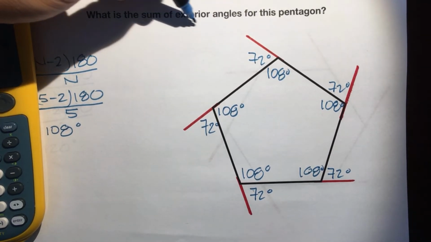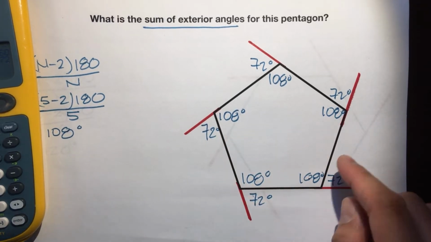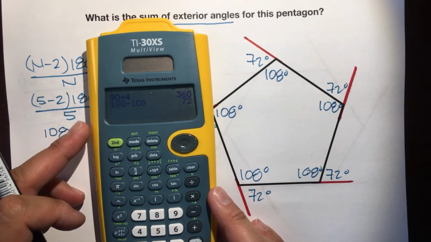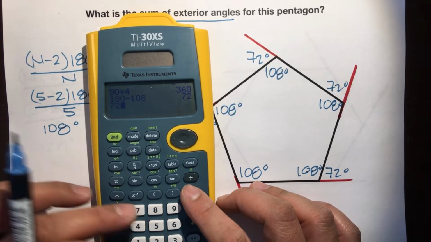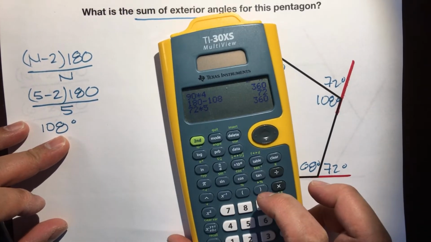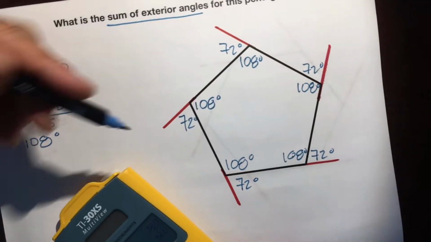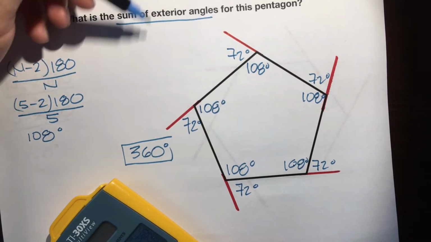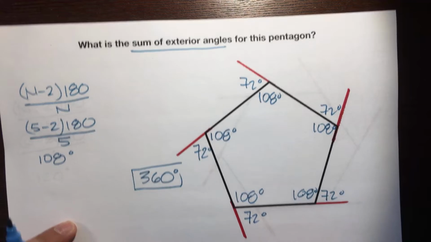And the question is, what do all 5 of these exterior angles add up to? I could type 72 plus 72 plus 72 plus 72 plus 72, or I could go 72 times 5, which turns out to be 360 degrees. So the sum of exterior angles for a pentagon is 360 degrees.